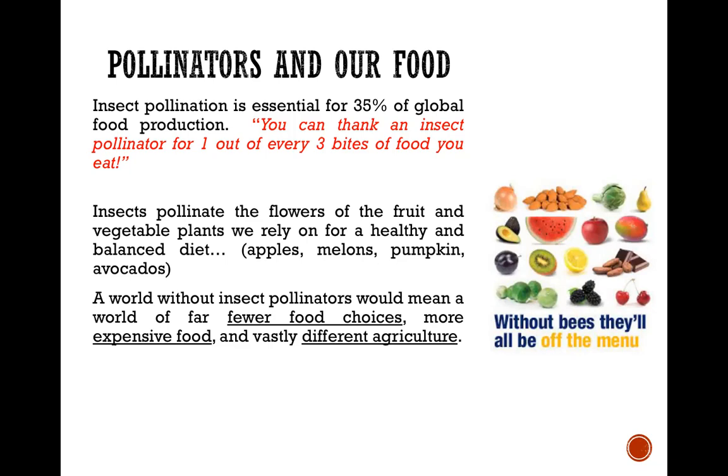Foods that we like in our diet, like apples or pumpkins, avocados, citrus, even almonds, for example, rely on pollinators. If we didn't have this wide diversity of insects that are capable of pollinating our food crops, that would really limit our food supply and we would have less choices. Okay? In fact, even over here, if you notice, even chocolate would be at risk if we didn't have bees to do the work.